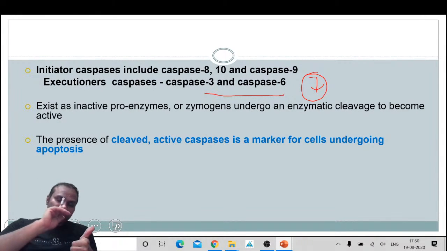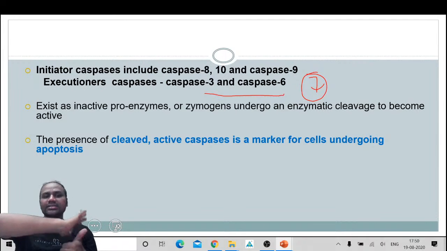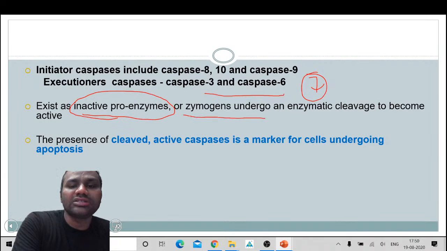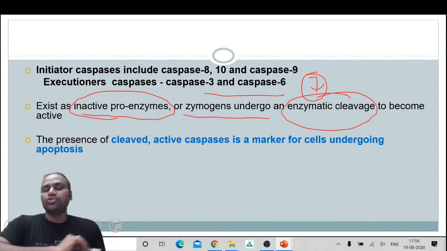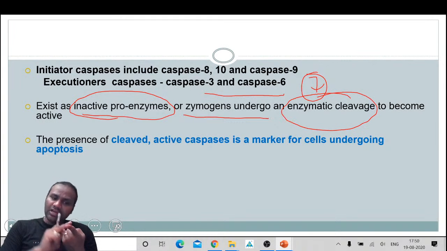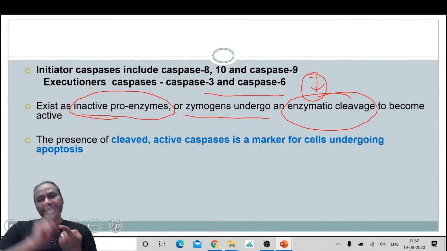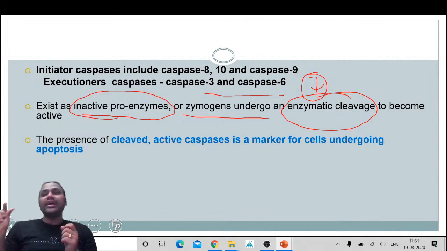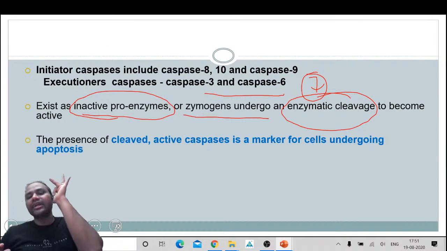Now remember, they exist as inactive proenzymes, or zymogens, and then undergo enzymatic cleavage. So the zymogen form is the first natural regulator of caspases. You can be asked that the zymogen is the first natural regulator.